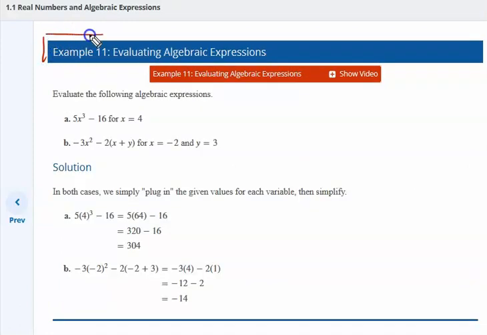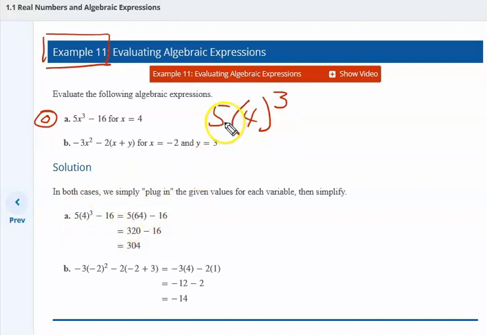For example 11, we're going to do some substitution here for A, and it's done this way. 5, put a parenthesis, what their x value is, 4 to the third power. Well, they have it worked out down below.